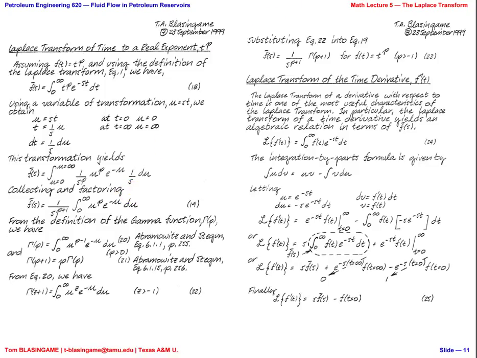One of the most important cases, and the direct application to the partial differential equations that you're going to deal with in this course, is when you deal with the time derivative.